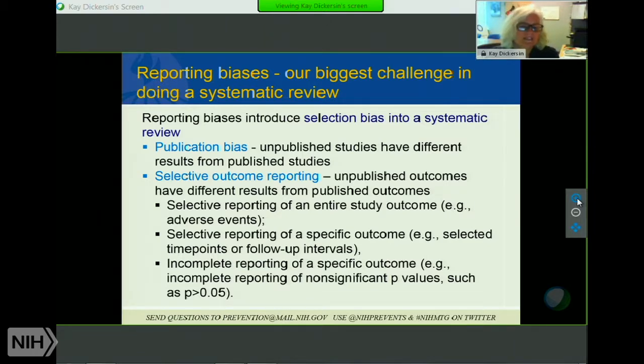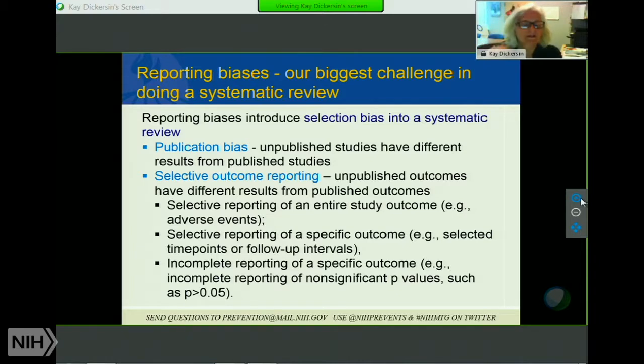Well, we have two main types. There are lots of types, but the main ones that we're talking about are publication bias. That is, the whole study remains unpublished, probably because of the results. So publication bias is unpublished studies with different results from published studies. And you can imagine that's true.